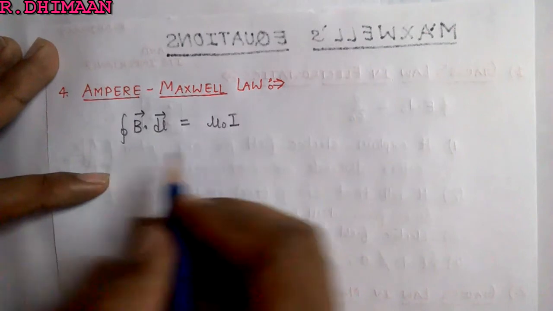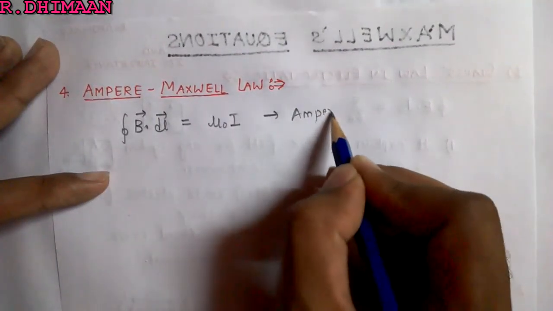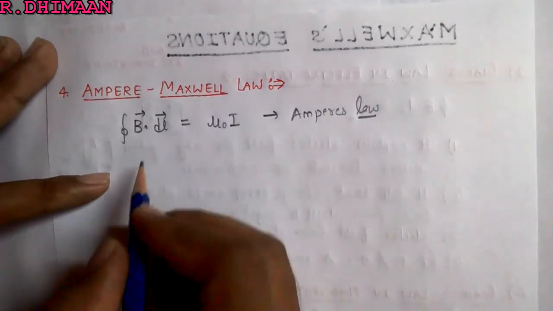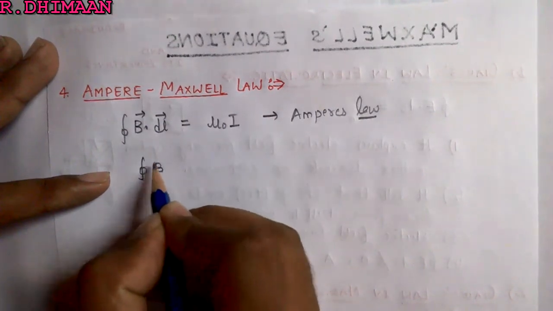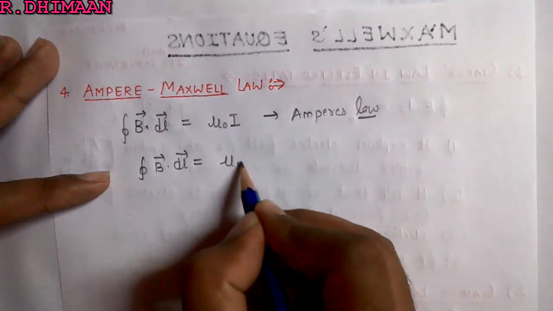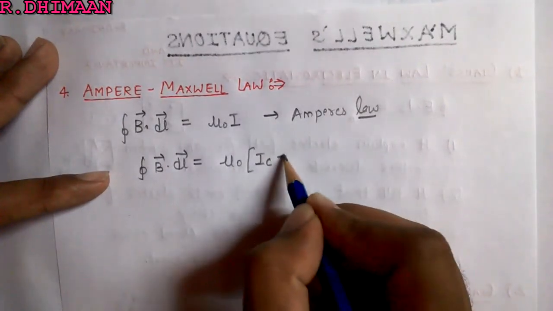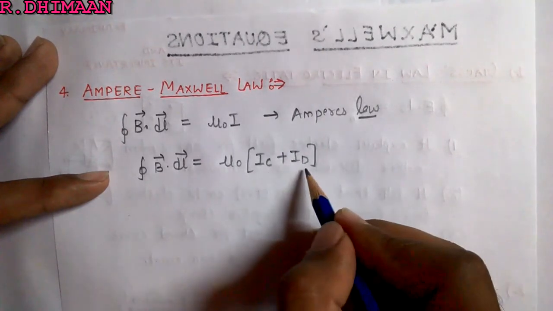This Ampere's law is modified by Maxwell and written something like this: B dot dl is given by mu naught, and the current is replaced by IC and ID, where IC is conduction current and ID is displacement current.